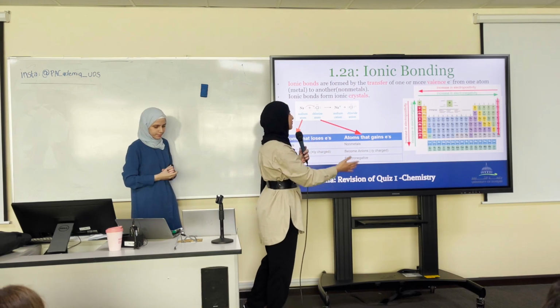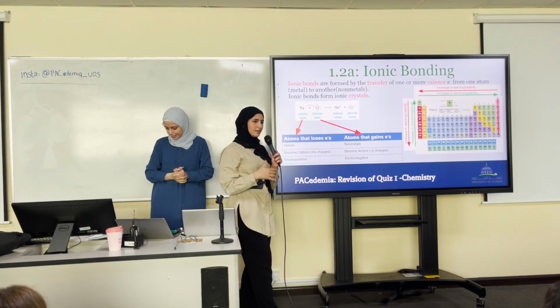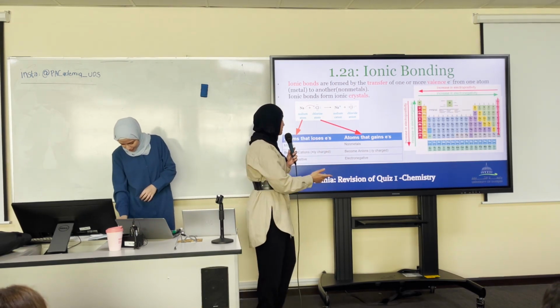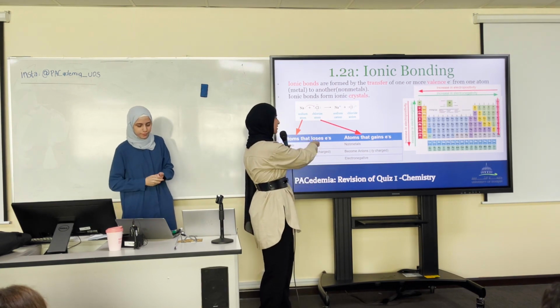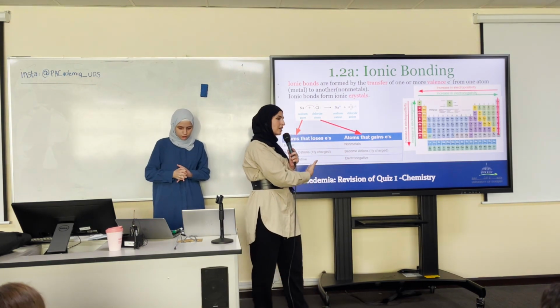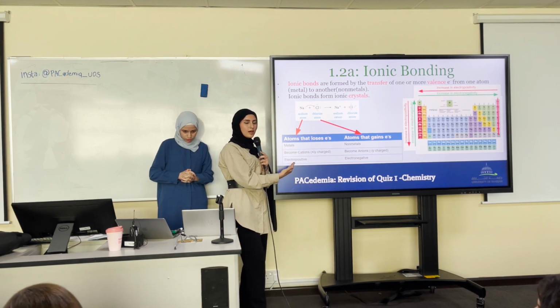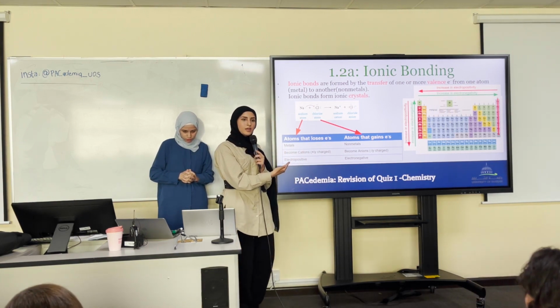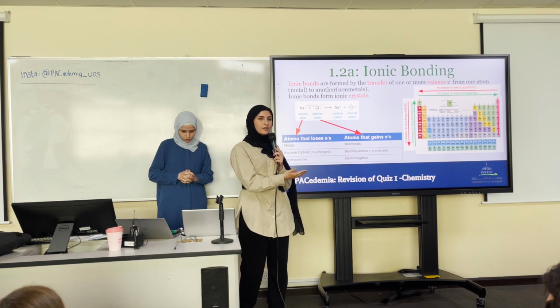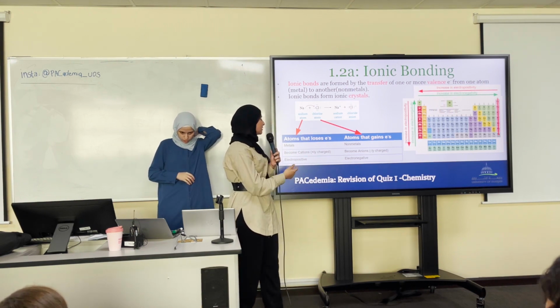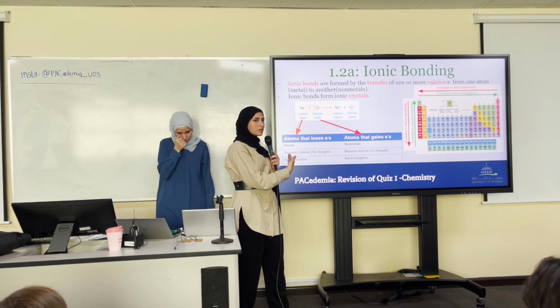So this is just a difference between Na and Cl, or between metals and non-metals. Atoms that lose electrons are most likely to be metals, and they become cations. What are cations? Positively charged atoms. They are mostly electropositive.